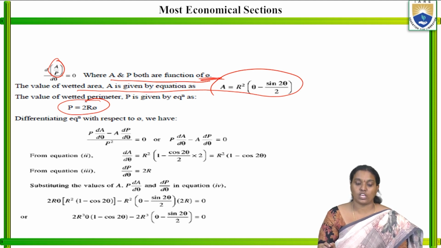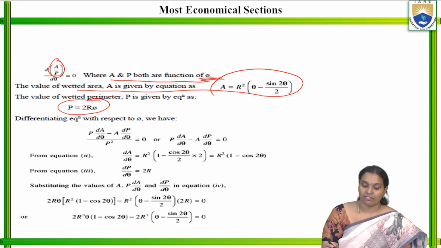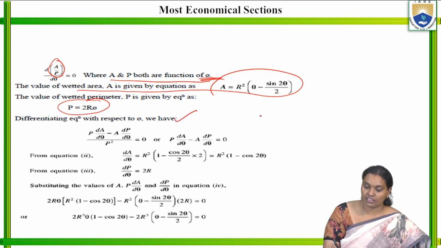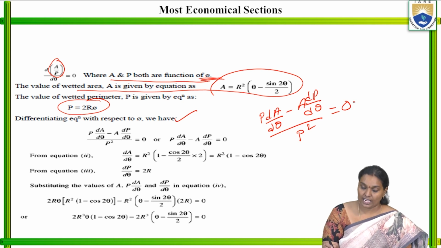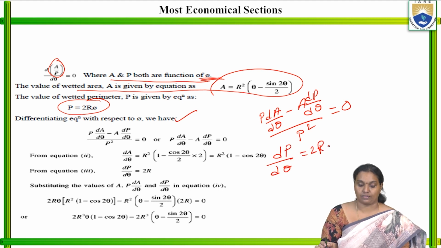So differentiating with respect to theta, we get P dA by dθ minus A into dP by dθ, divided by P squared, is equal to 0. Finally, using all the equations, dP by dθ is equal to 2R.